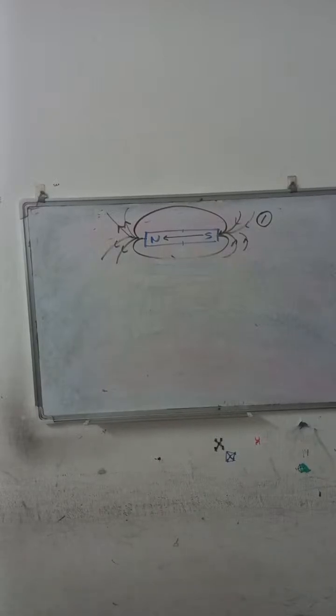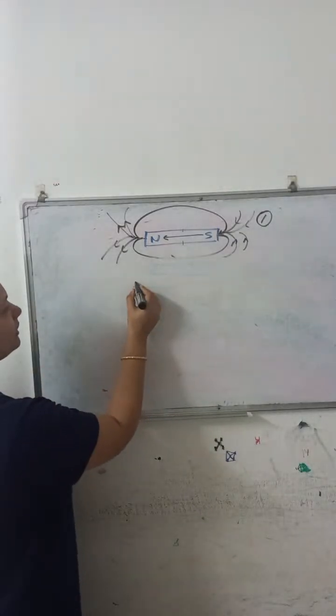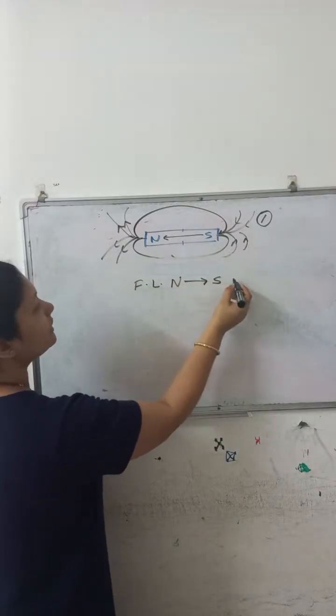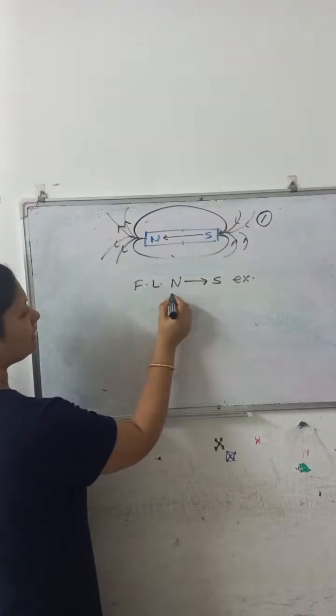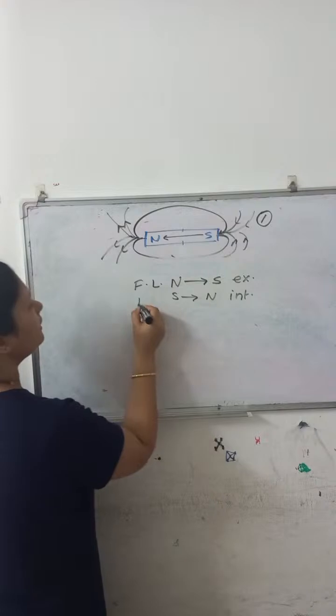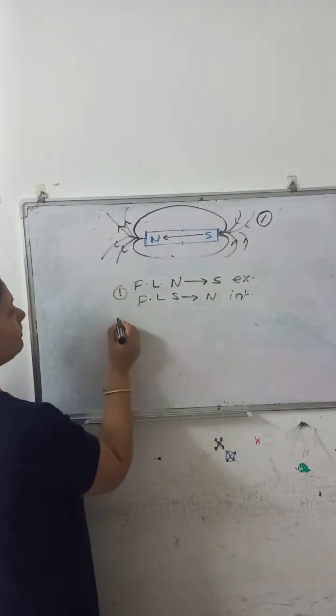So field lines always arise from the north to the south pole of the magnet. Very important. Field lines always go from north to south externally, and internally they go from south to north. So this is the first property.